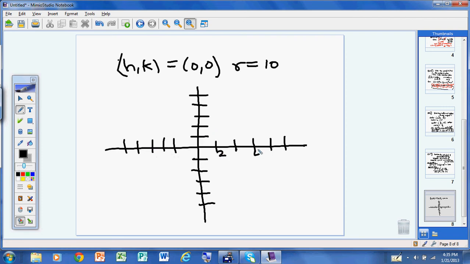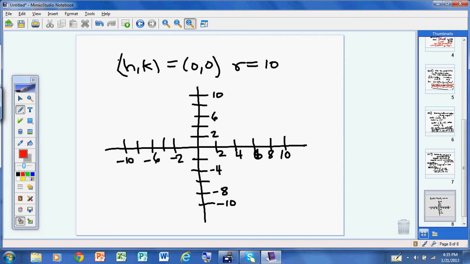This is 2, 4, 6, 8, 10, and similarly this is -2, -6, -10, and this is 2, 6, 10, -4, -8, -10. Okay, so let's plot this.